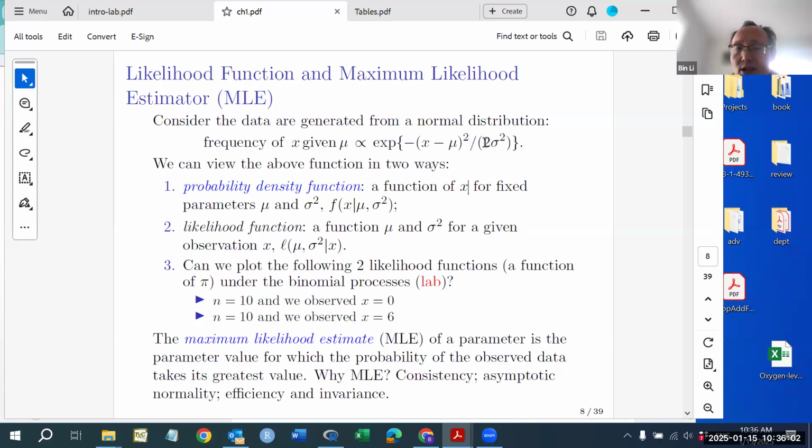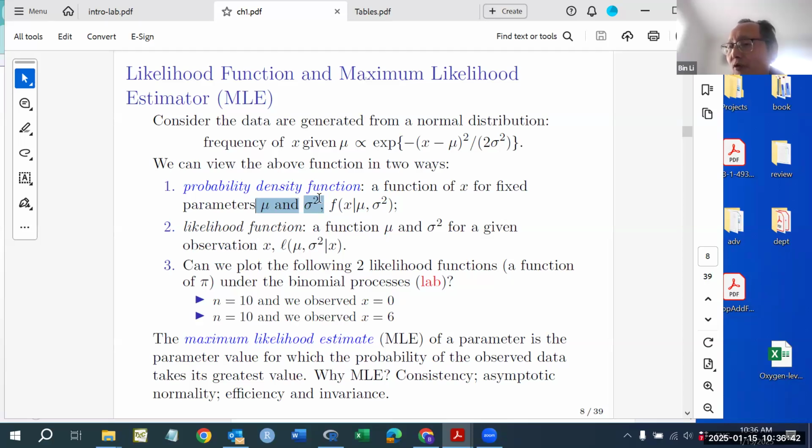So this one is proportional to this, and we can view it in two different ways. And these are very critical. Even though you may have taken 7515, I'm not sure if you are still clear, so let me explain that a little bit. The first view is we can view this as a PDF function. So this is a function of x for the fixed parameters mu and sigma square.